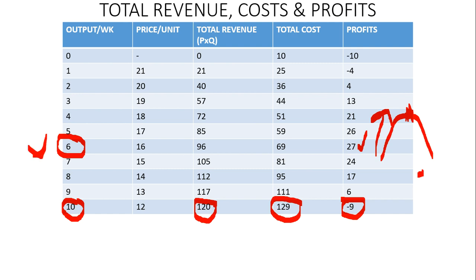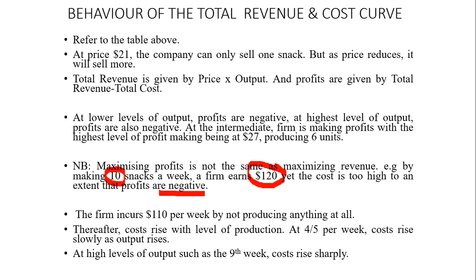Any other output is not going to maximize this profit of yours. Okay, so the 6 is what we call the profit maximizing output. So you as a manager, you are supposed to know that my profit maximizing output is the 6.